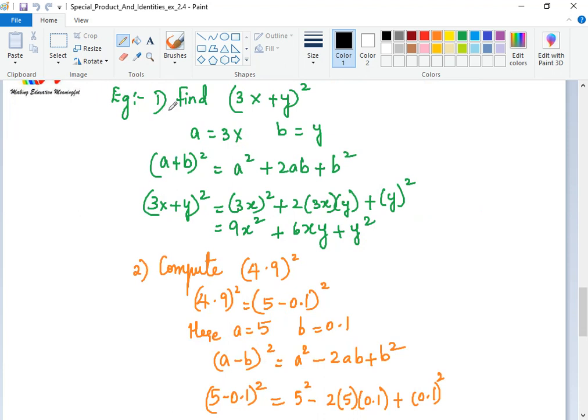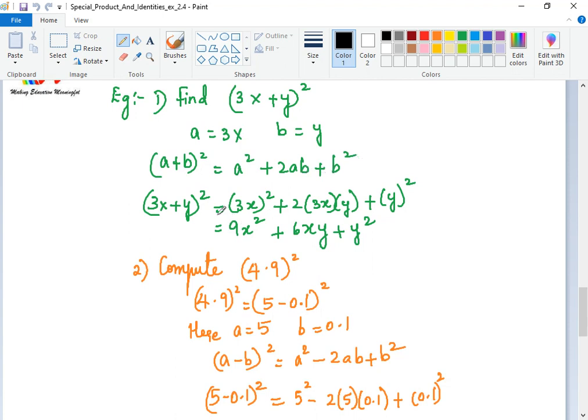So now the first one says find 3x plus y the whole square. So now this is obviously the case of a plus b the whole square, right? So we take a to be 3x, b to be y, and we can use the formula a plus b the whole square, which is a square plus 2ab plus b square.